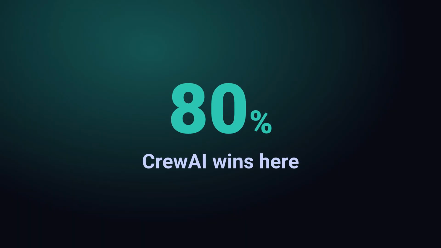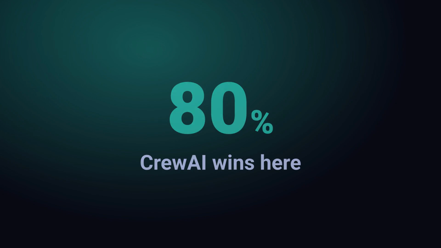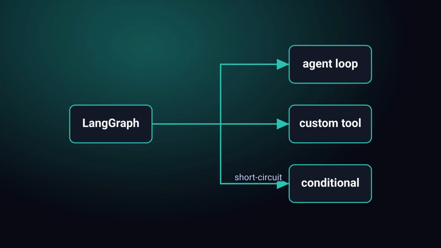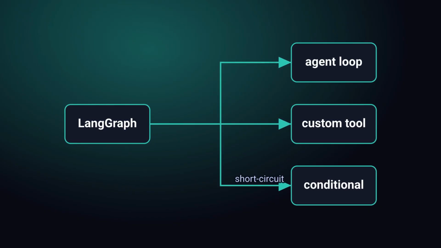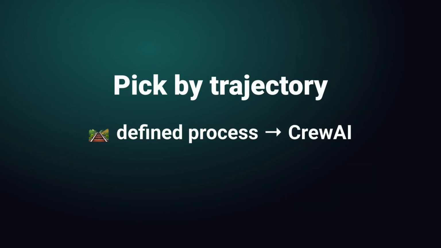LangChain's messiness is also its escape hatch. Because so little is hidden, you can reach in and reshape almost anything. Concretely, if your custom tool needs to short-circuit the agent loop based on a runtime condition, LangGraph gives you explicit edges and conditional routing to do it. In CrewAI, you're often working around the orchestrator.